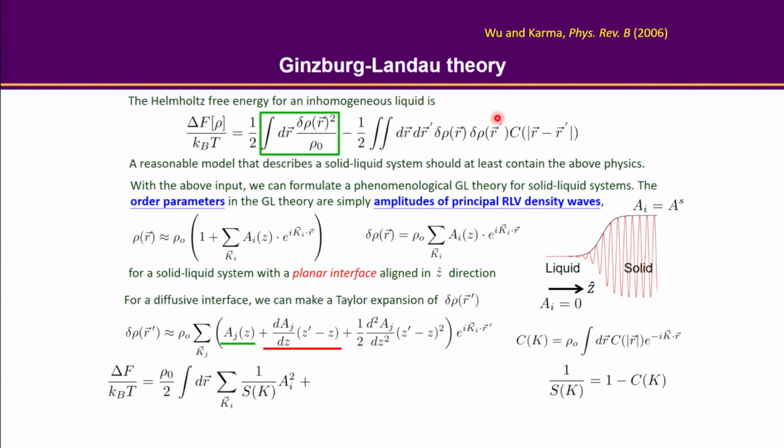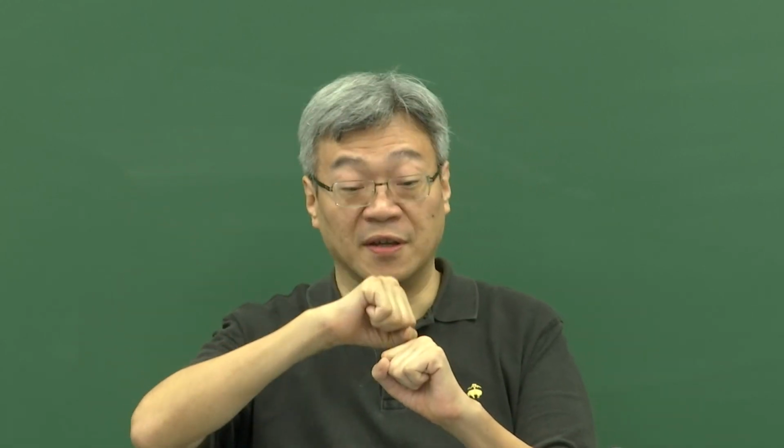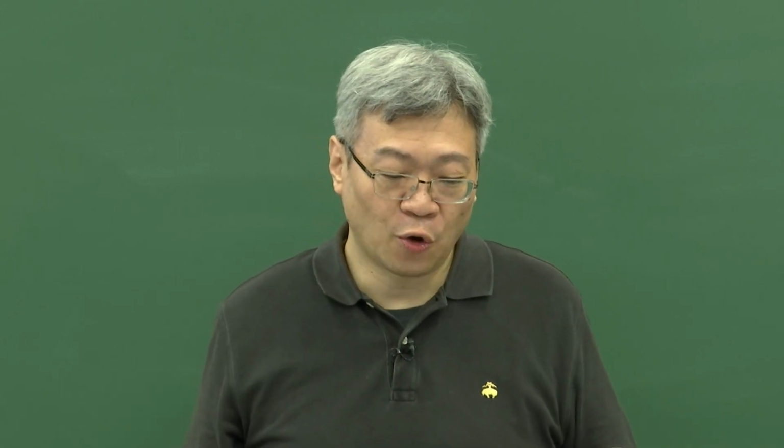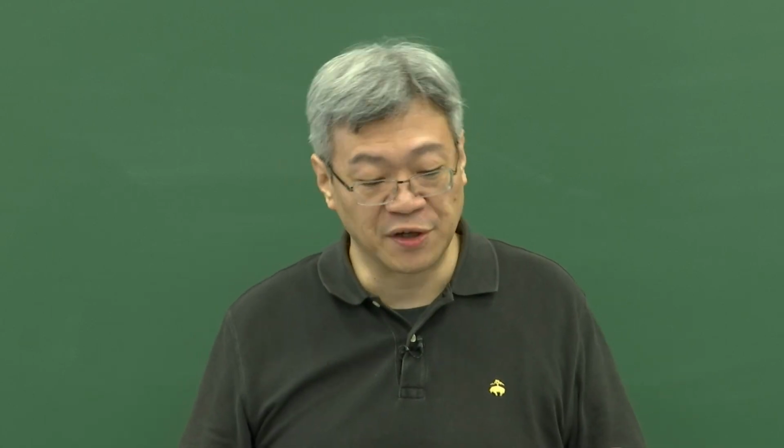I'm taking R as the center of my integration, and I'm integrating over the relative distance, R minus R prime, over the space. So there's always a symmetric contribution from a positive and negative pair of z prime minus z, and the other part will give you a negative value. After the integration, the contributions cancel out.